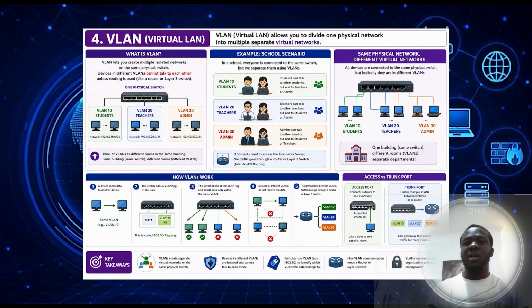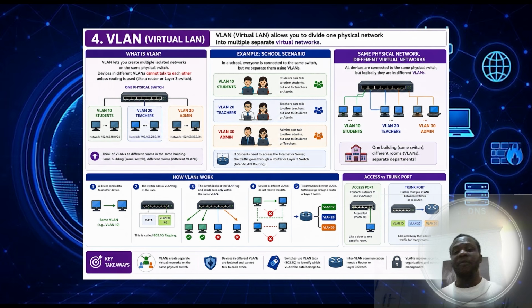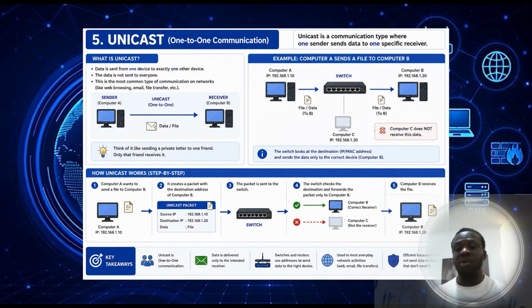So that is just how VLAN works. You demarcate. We just call it a partition, right? Let everybody belong to their own department, so you won't become an intruder or spoil something. All right. So that's the work of VLAN, which is virtual local area network.